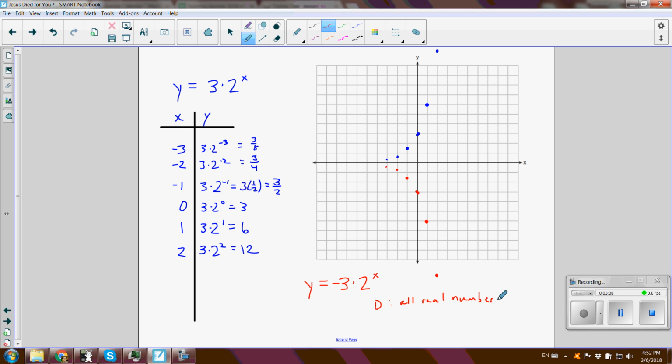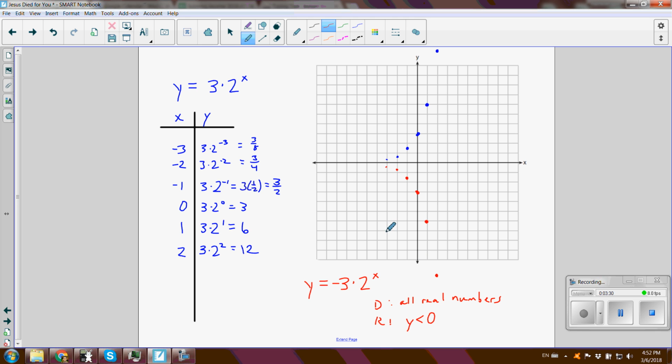So the domain is still all real numbers, but the range of this red function, since we're multiplying those powers of 2 by a negative number, y always ends up negative for this red function. So the range would be y is always negative for this guy.